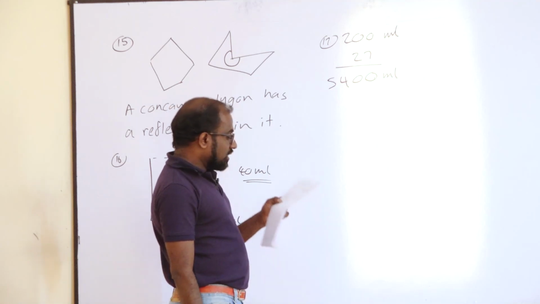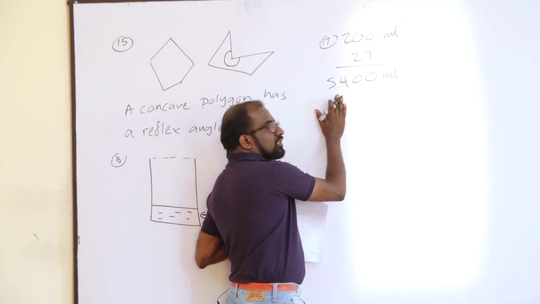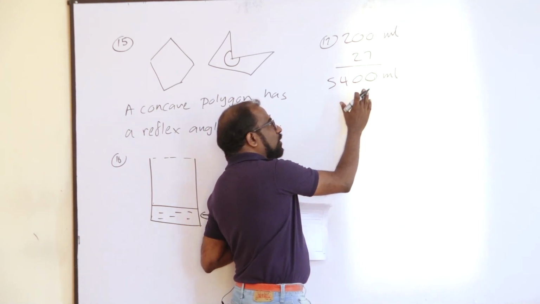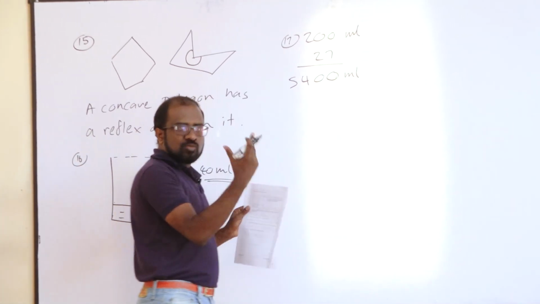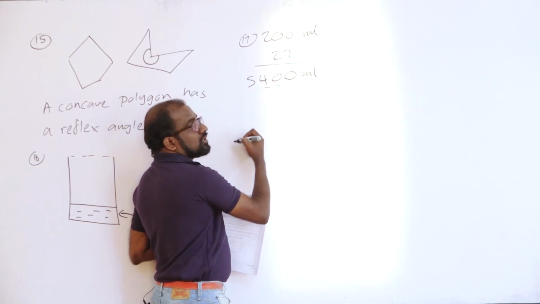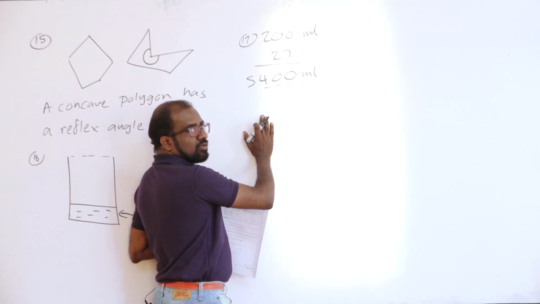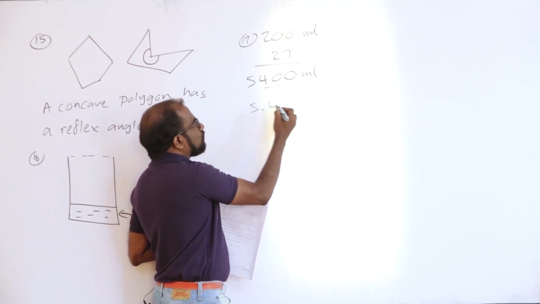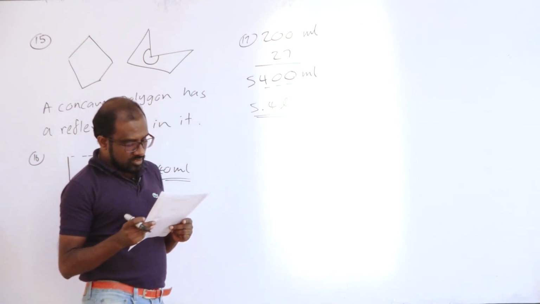We're asked in liters, so convert. Divide by 1000, since 1000 milliliters make 1 liter. Dividing by 1000 means allocating 3 decimal places. So 5.4 liters is the answer. Next one.